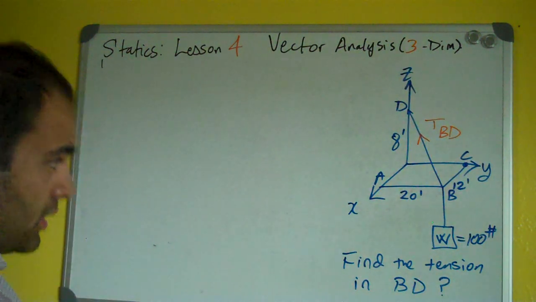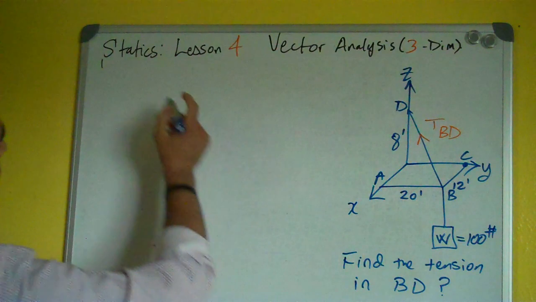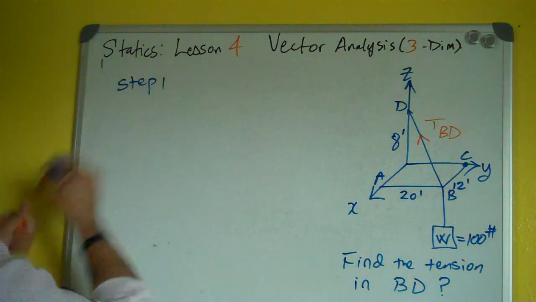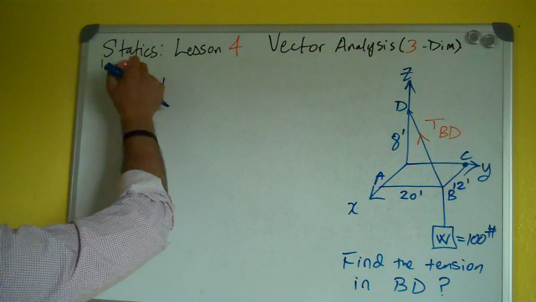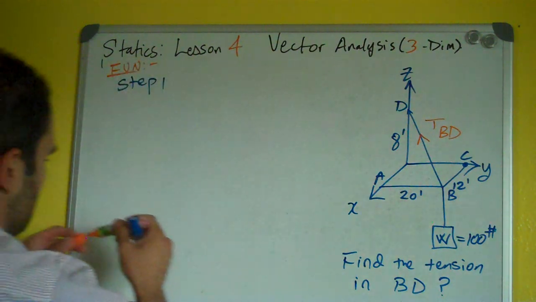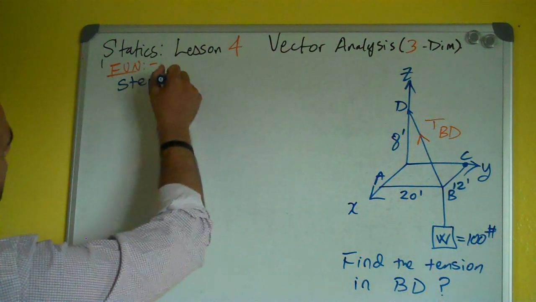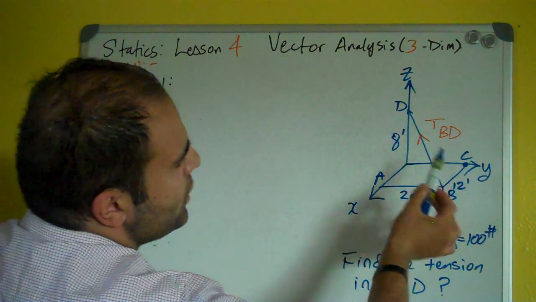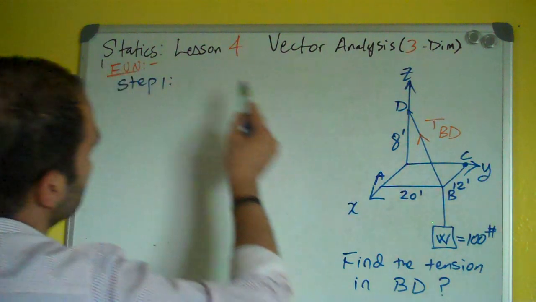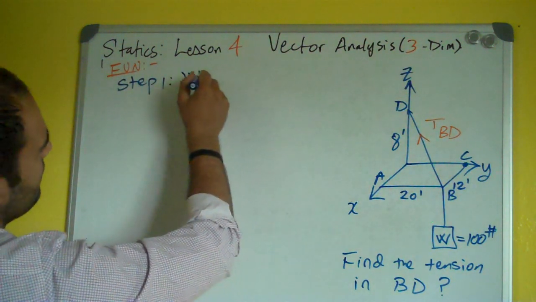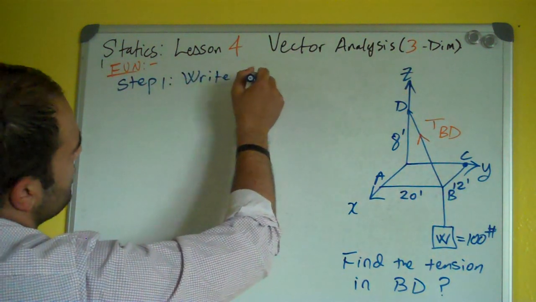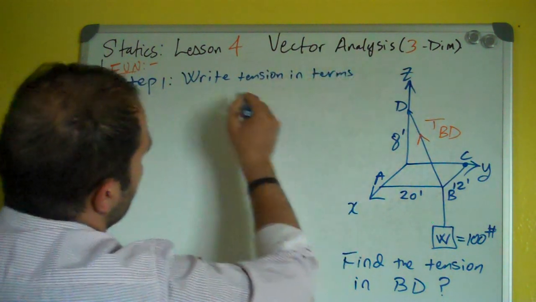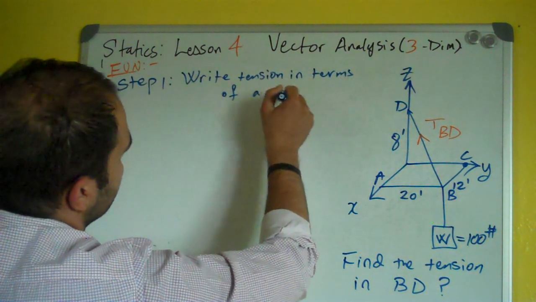So let's say that we want to write step number 1. This is, by the way, the solution, so I called it fun. Step number 1 would be writing the tension in terms of a vector.